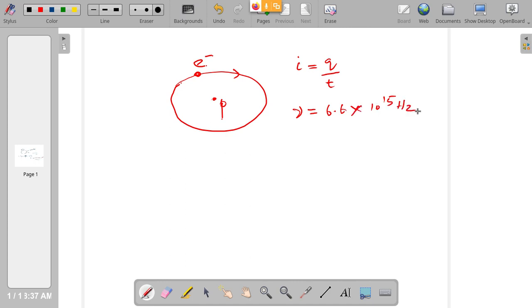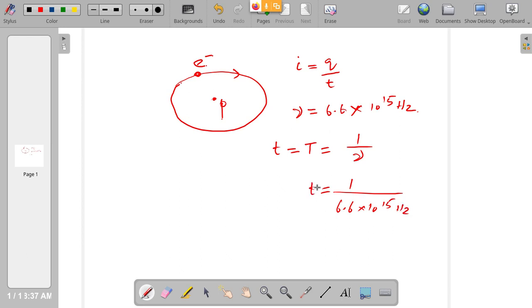Frequency means per second, which is hertz. We want time t, which is the time for one rotation around the nucleus. That is the time period, and it is going to be 1 by frequency. Therefore this is equal to 1 divided by 6.6 into 10 power 15 hertz. This is small t.